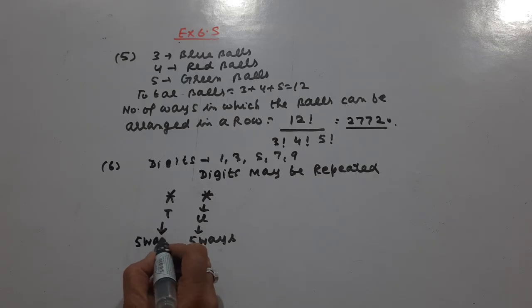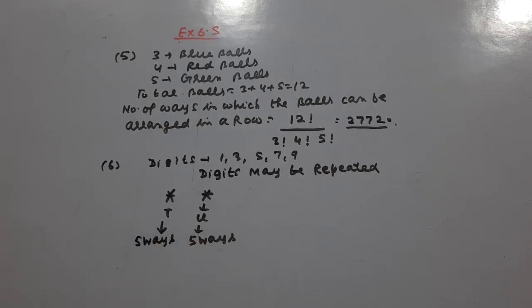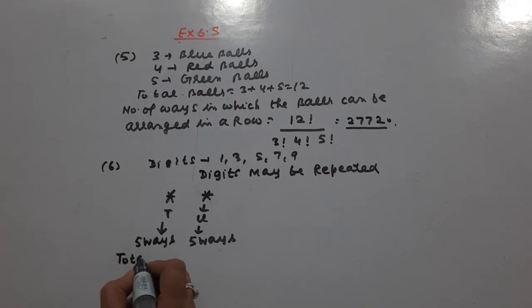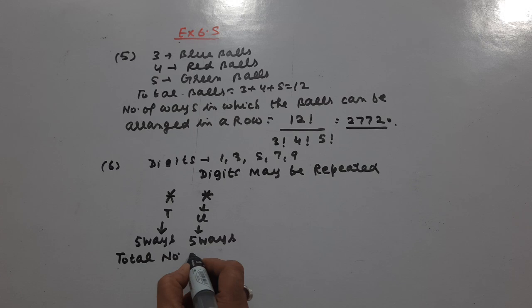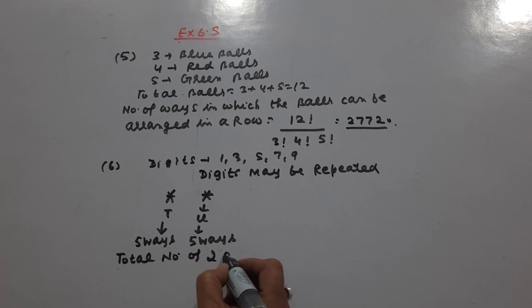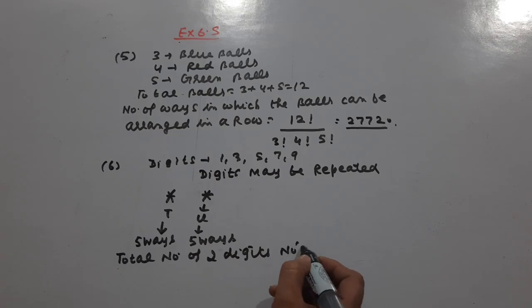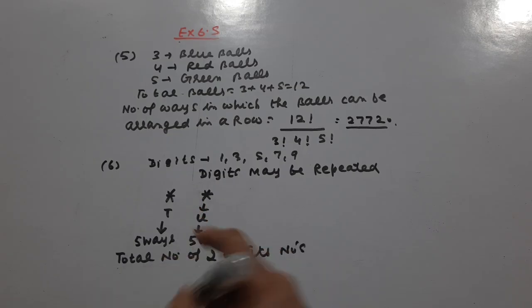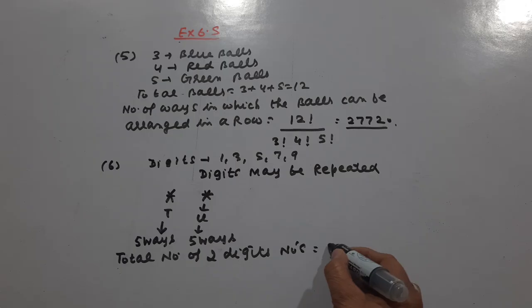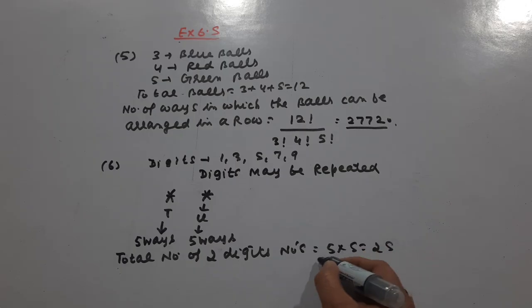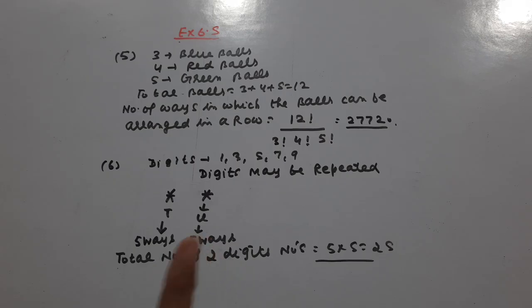So total number of two-digit numbers that can be formed with 1, 3, 5, 7, 9 is equal to 5 into 5 equals 25.